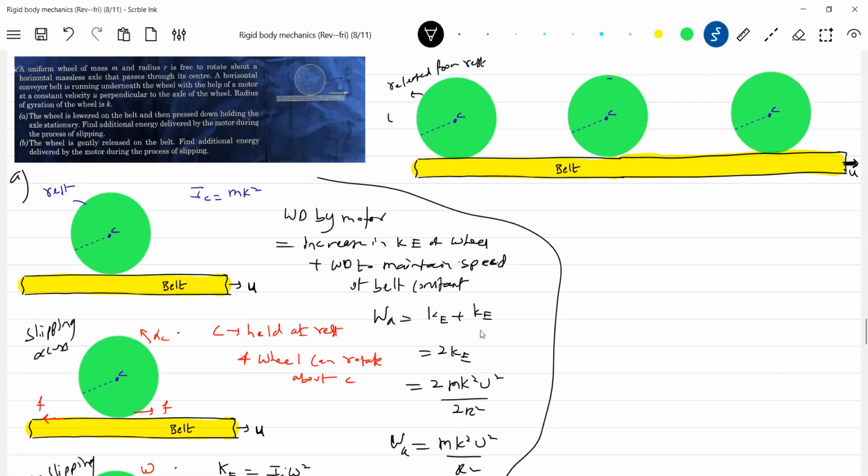This is at t equals 0. What are the forces that will be acting? The friction will act here. The friction on the belt should be like this, and this friction will accelerate the center of mass, with acceleration a1, and because of that it will have velocity v1. Slipping occurs.